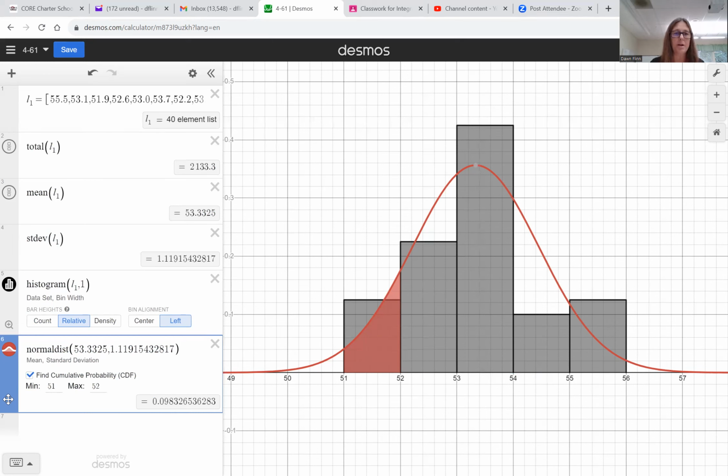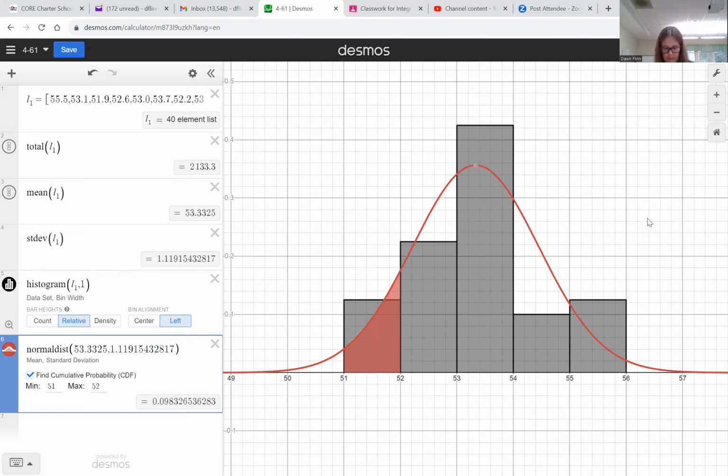And this model only predicted about 9.8% instead of 12.5%. You can tell that because if I took this red part and stuck it in here, see how it's a little underestimate. So it's not perfect, but it kind of works. It's useful. So now I guess that answered letter C.